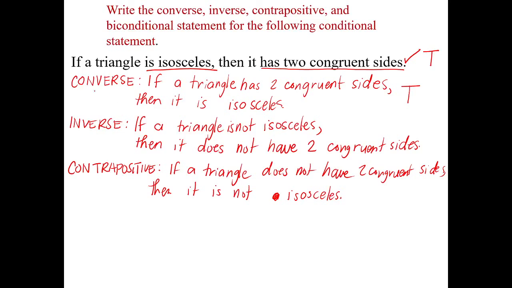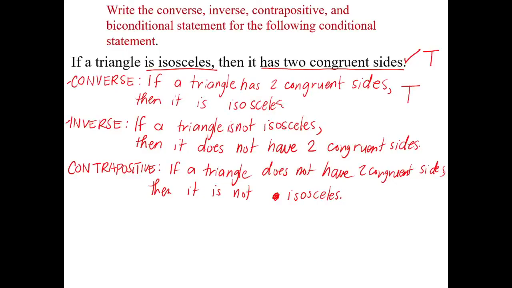If the converse is true, the inverse has the same meaning, so the inverse is also true. The conditional and the contrapositive also have the same truth values. True, sir. So our contrapositive is also true. Is that clear? Yes, sir.